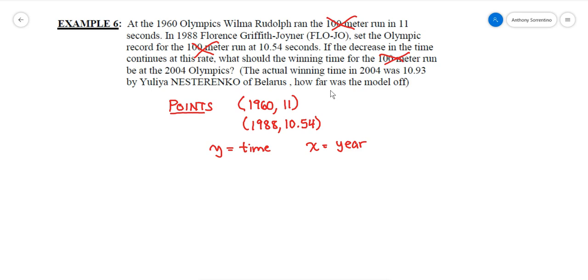You can make your own variations to this, by all means, but this is how I'm going to go about calculating it. So my slope is going to be 11 minus 10.54 over, since I took the 11 first, I'm going to take its x-coordinate first on the bottom, 1960 minus 1988. And it's okay for me to have a decimal as my slope, especially since I have decimals involved with this.